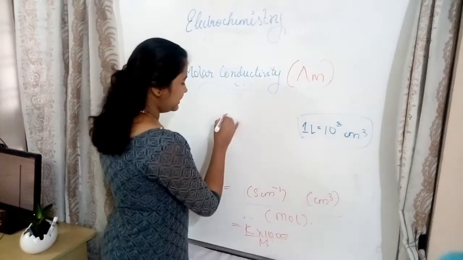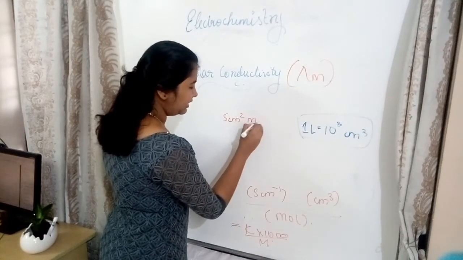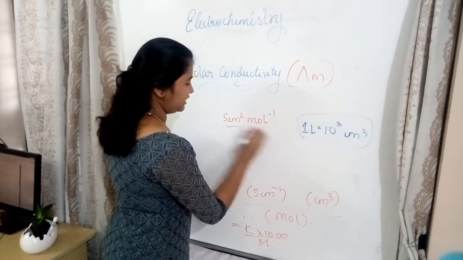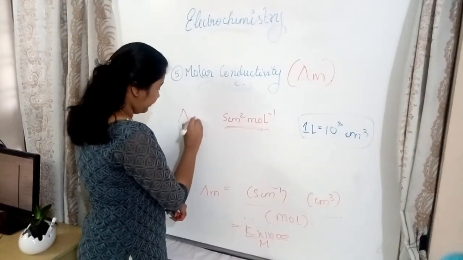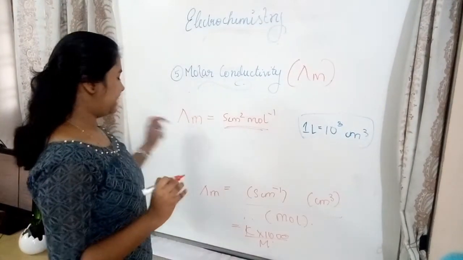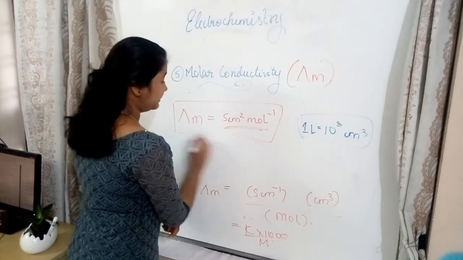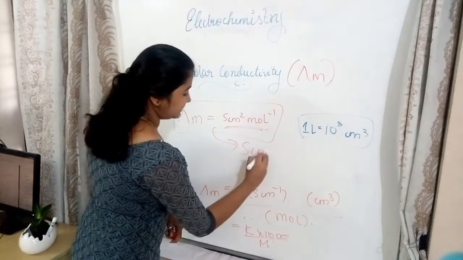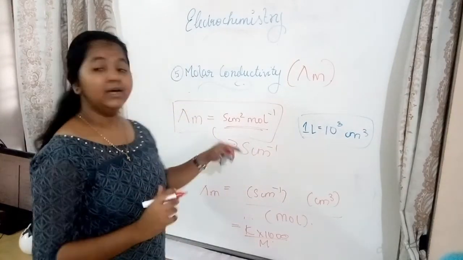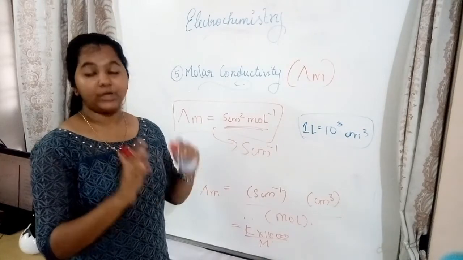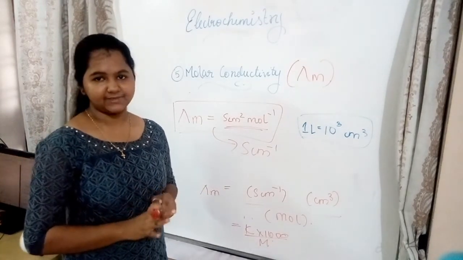So this becomes Siemens centimeter square mole inverse. So that is the SI unit of molar conductivity, when kappa is in Siemens centimeter inverse. Now the second case is when kappa is taken as Siemens meter inverse.